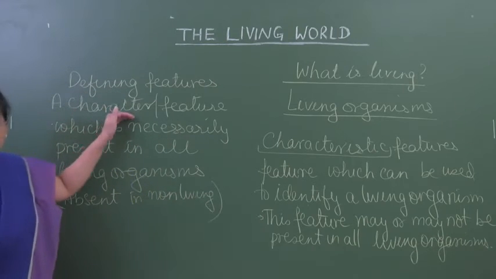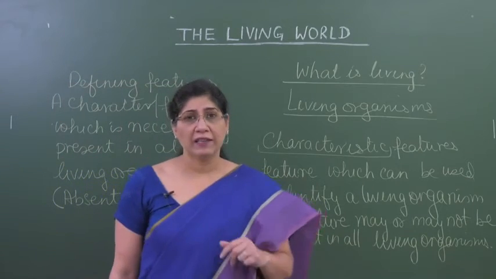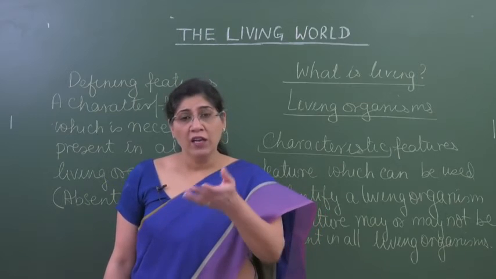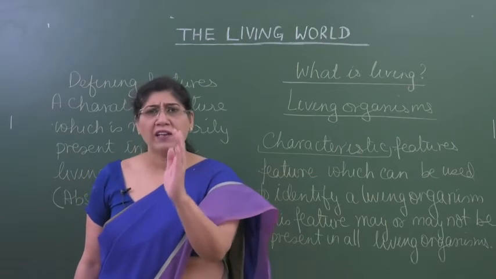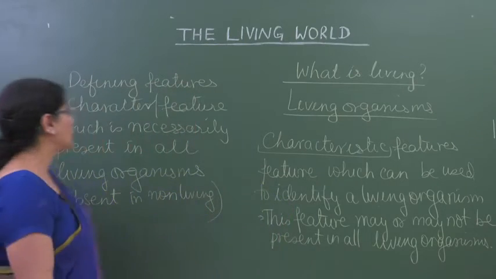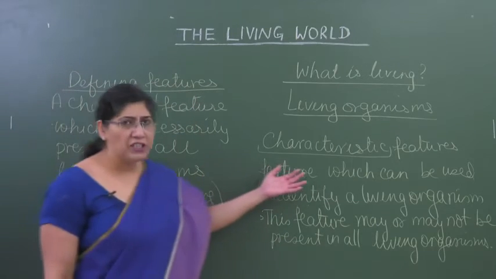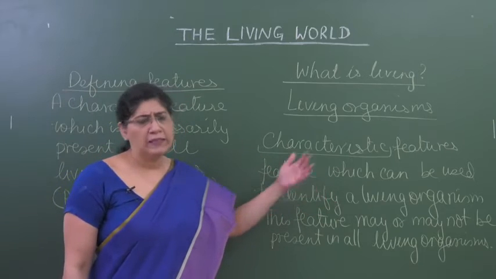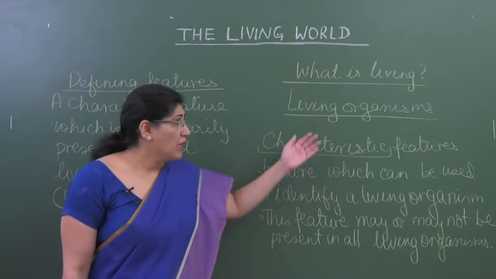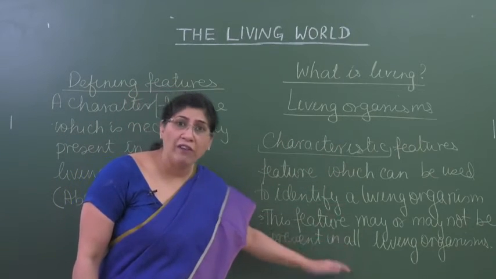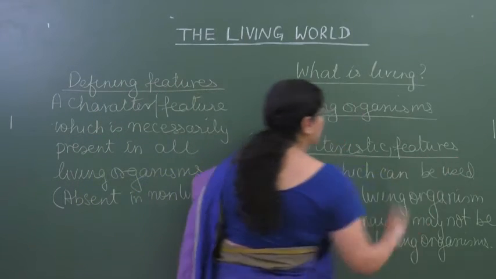फीचर जिसके बिना लिविंग ऑर्गेनिज्म बन ही नहीं सकता, हो ही नहीं सकता, या जिस फीचर के बेसिस पे मैं लिविंग और नॉन लिविंग को क्लियरली डिमार्केट कर सकूं, अलग कर सकूं, उसको मैं कहूंगी डिफाइनिंग फीचर. बाकी फीचर्स जो लिविंग में होते हैं, सब में नहीं होते शायद, या फिर किसी किसी में नहीं होते, या शायद वैसा सिमिलर फीचर नॉन लिविंग में भी होता है, will be called characteristic feature.